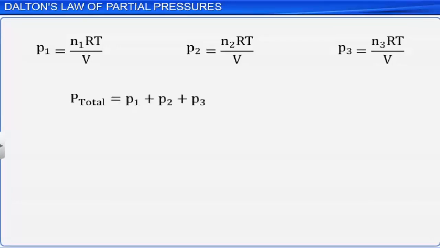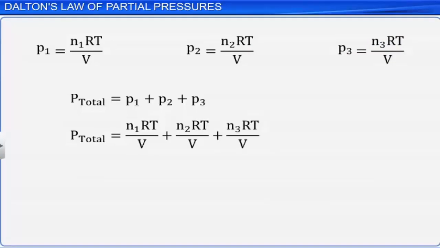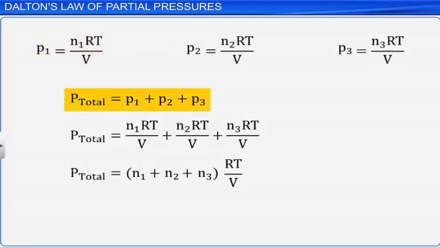On substituting the values of P1, P2, and P3, we get P total equals N1 RT divided by V plus N2 RT divided by V plus N3 RT divided by V. On simplifying, we get P total is equal to N1 plus N2 plus N3 multiplied by RT divided by V. On dividing P1 by P total, we get P1 by P total equal to N1 divided by N1 plus N2 plus N3.